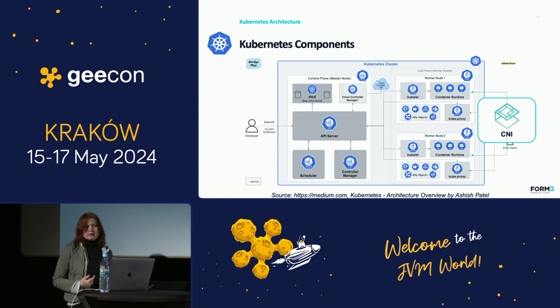We have several different implementations of this CNI. Think about Calico, Flannel, or Cilium. What's important here is that usually those implementations create kind of an overlay network, a virtual network over an actual network.